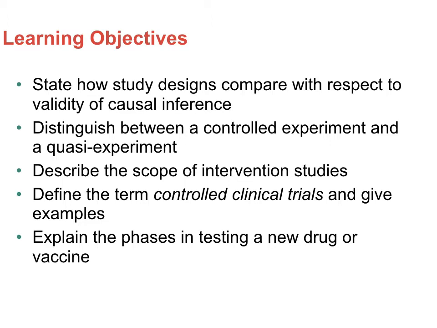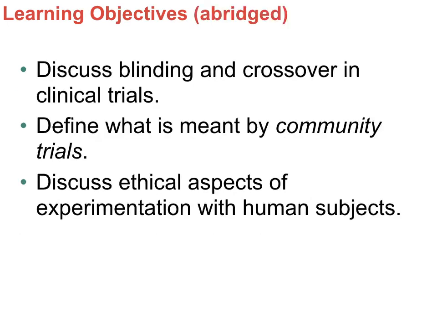There's 1, 2, 3, and 4, usually, in clinical trials. We're going to discuss blinding and crossover in clinical trials, define what is meant by community trials, and then conclude with some ethical considerations when you are carrying out experimental studies with human subjects.